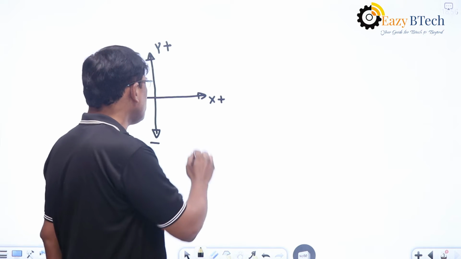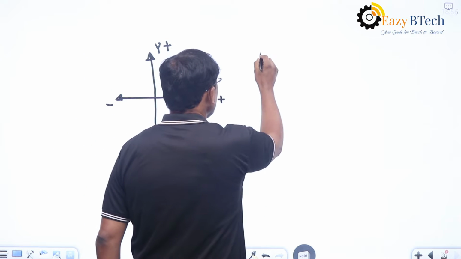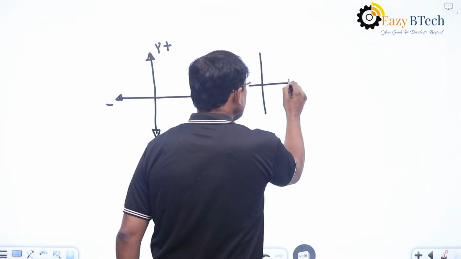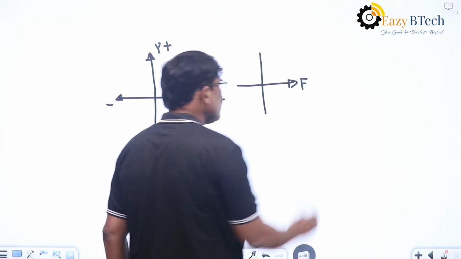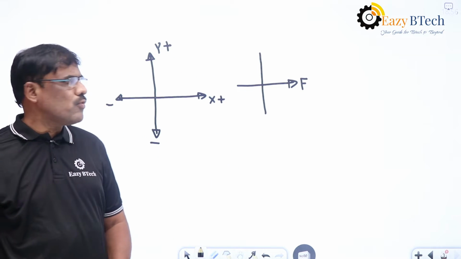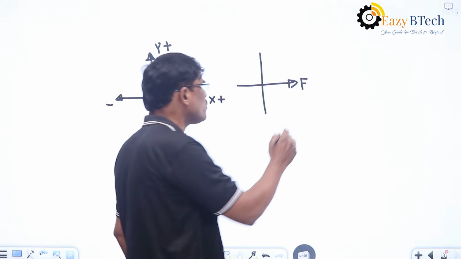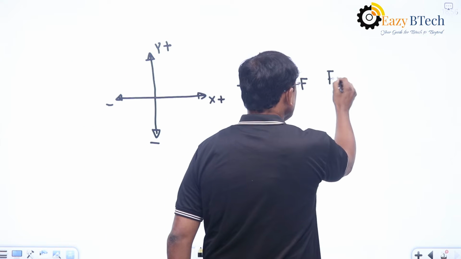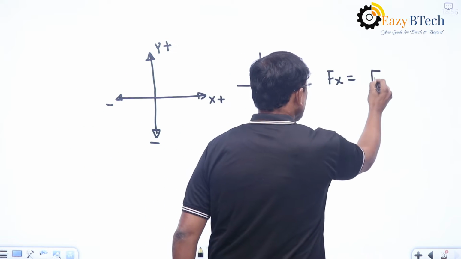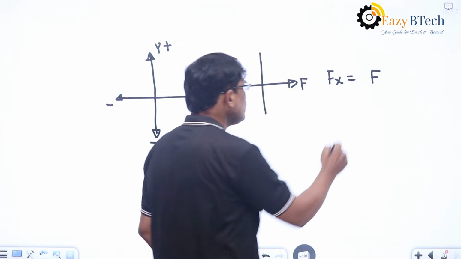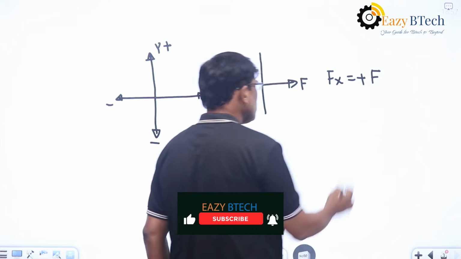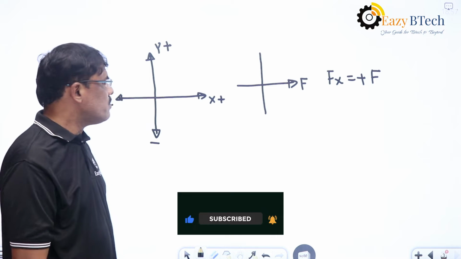In the first case, if a force is acting along the x-axis towards right, Fx is equal to F. This is the magnitude, and the direction is plus because it is acting towards right.